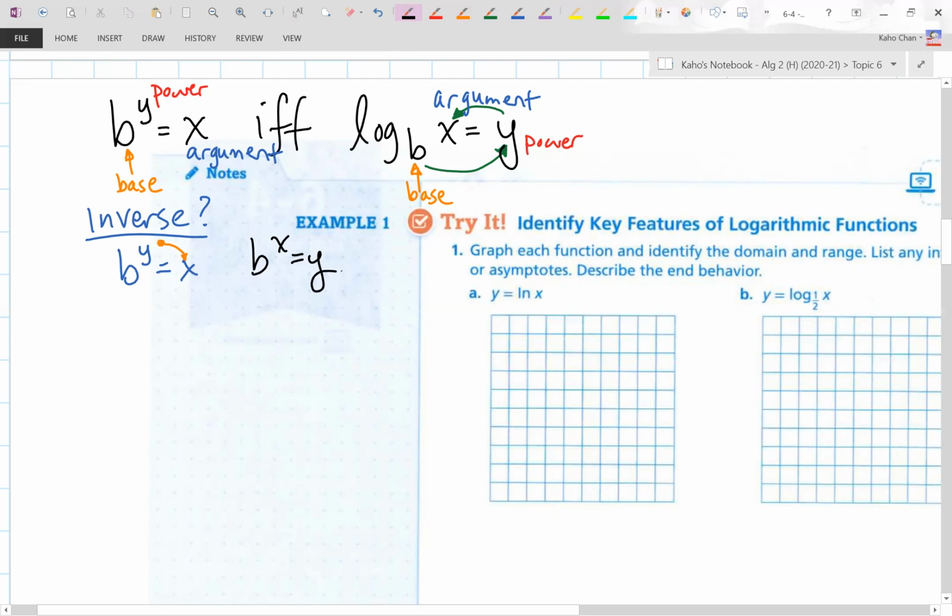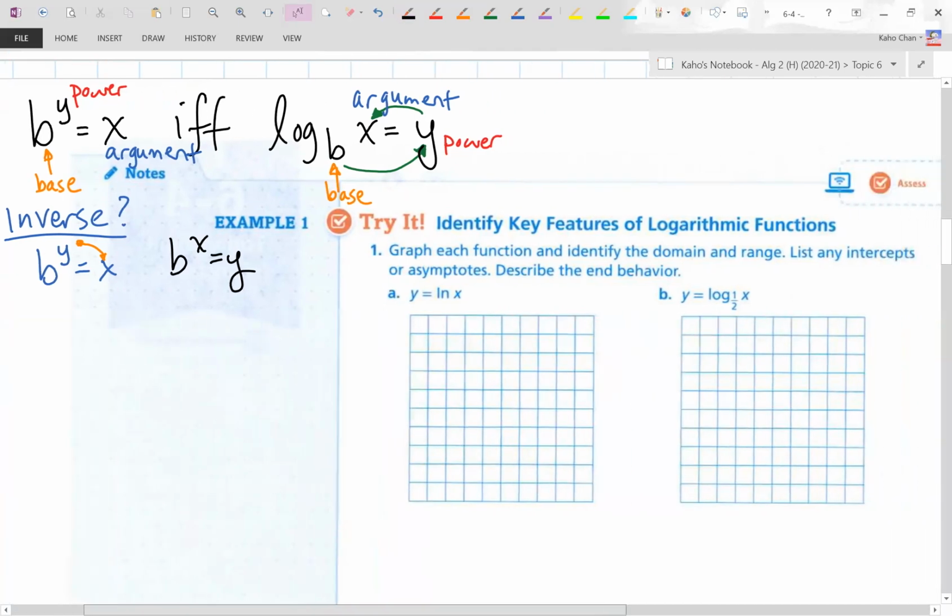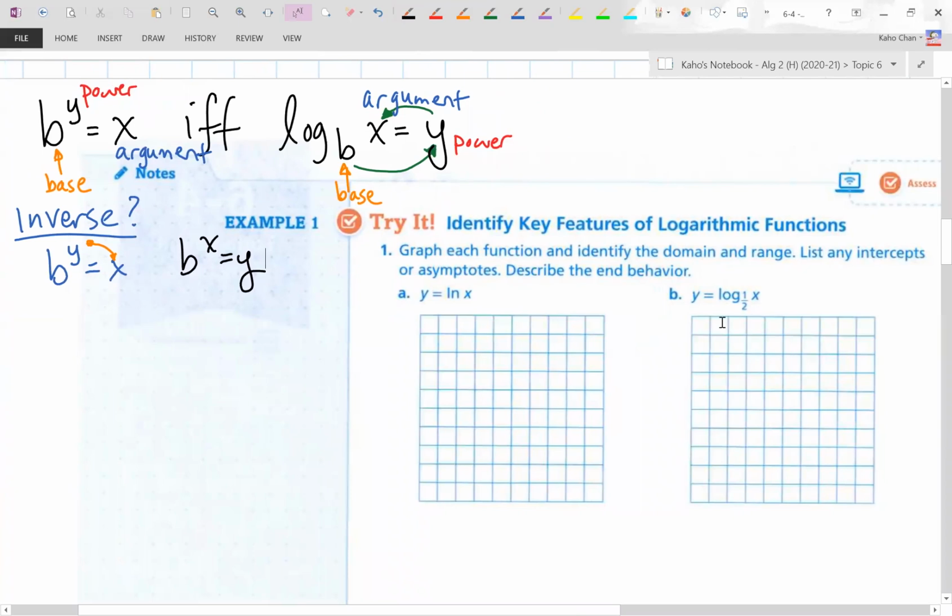So keeping that in mind, and keep in mind what we're about to do for example 1, we need to utilize inverses to graph certain log functions with different bases other than 10 or e. Now, base 10 and base e was something we briefly talked about in the previous section. It's called the common base.